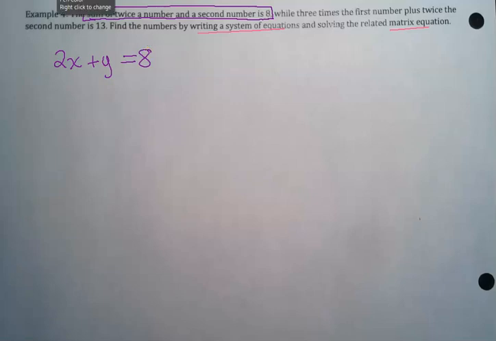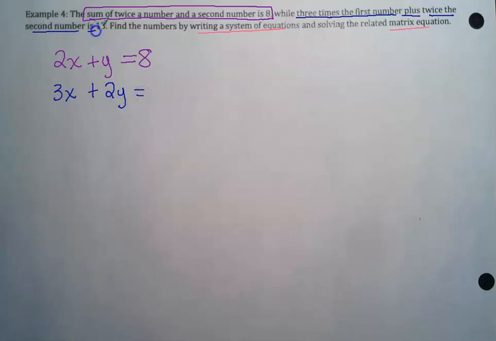Our next one says 3 times the first number, so that's 3x plus twice the second number, 2y, equals 13. Sweet! So there is our system of equations.